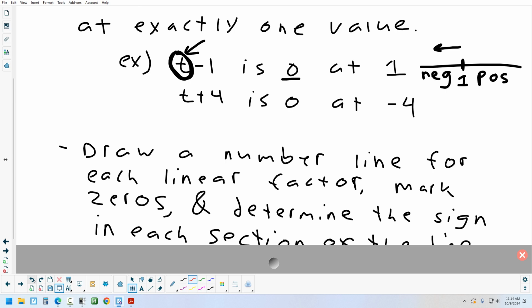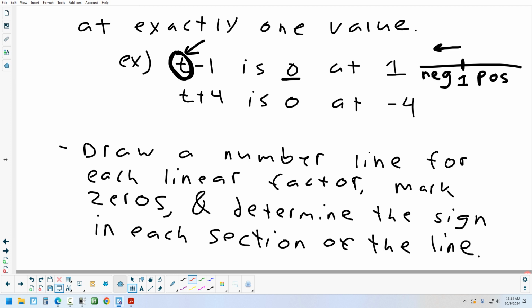Okay. So that's the idea of what I mean here. Make a number line, mark your 0, and determine the sign in each section. The sign is either negative or positive. Kind of a hint, a lot of times, if this letter is positive, then negative will be on the left, positive will be on the right.